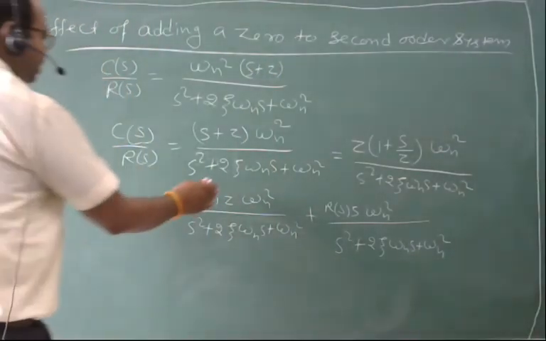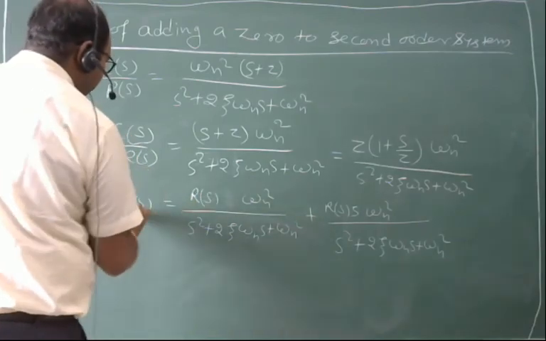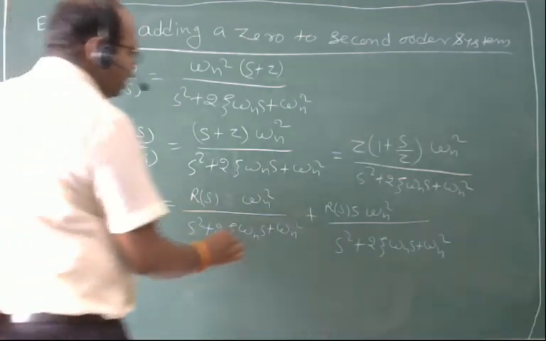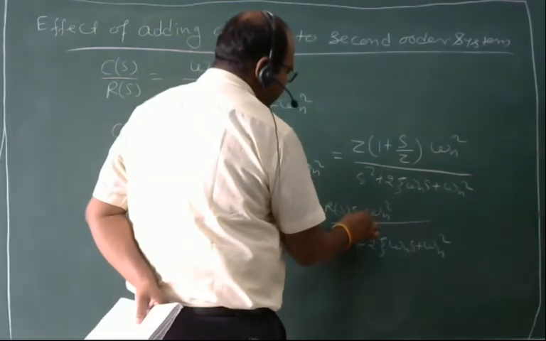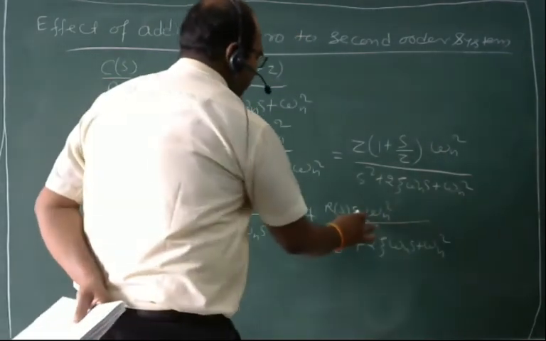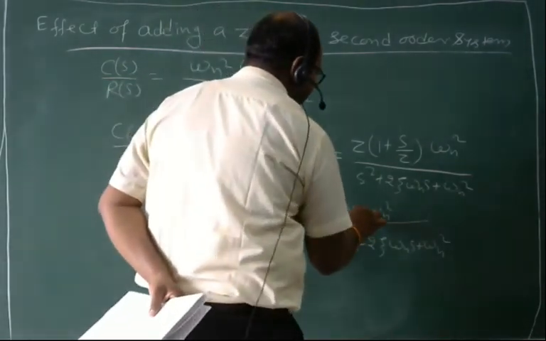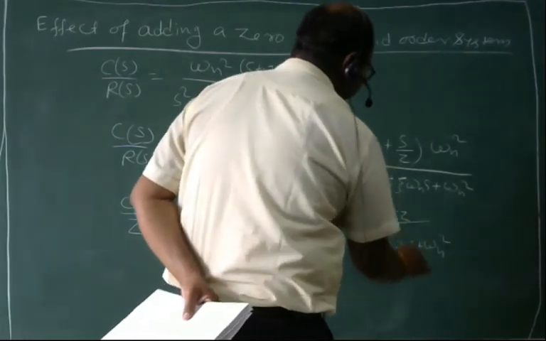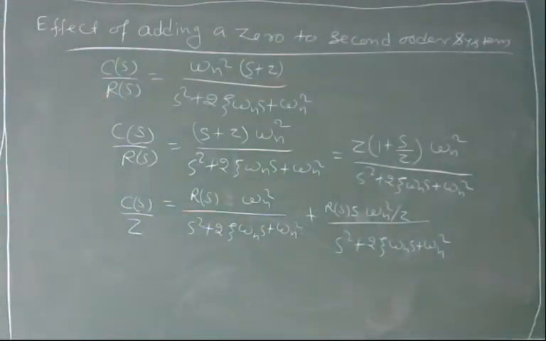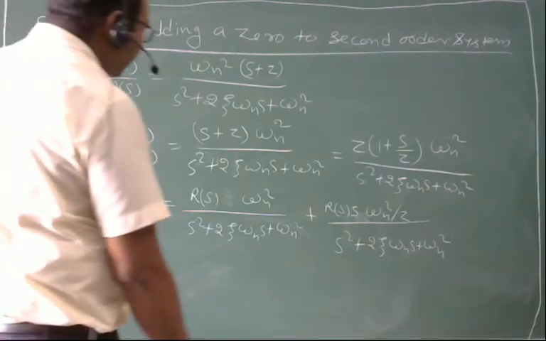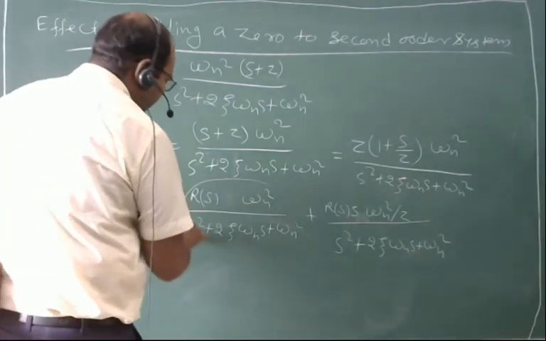And if I take this z as common here, C(s) by z, then this will be s by z, right? And look at this. What is this?